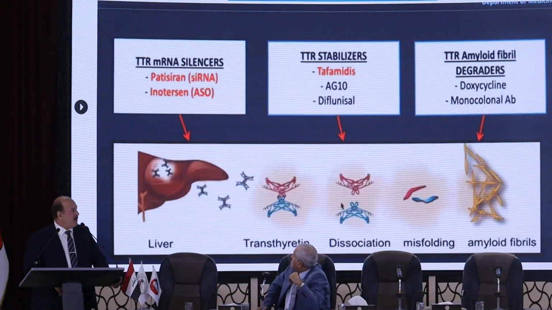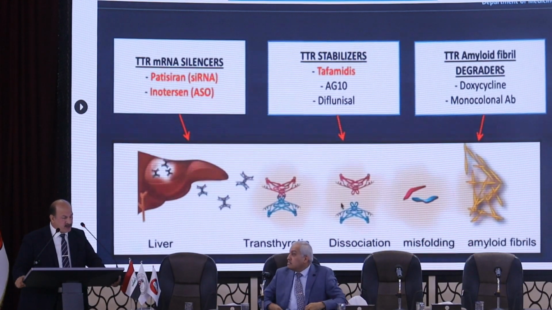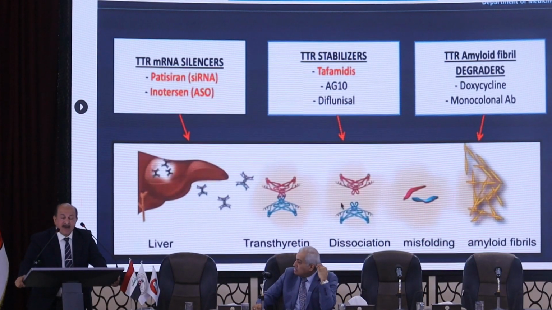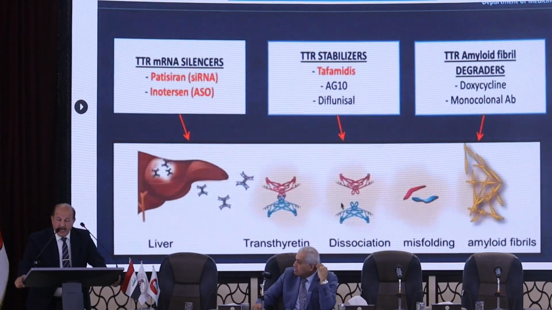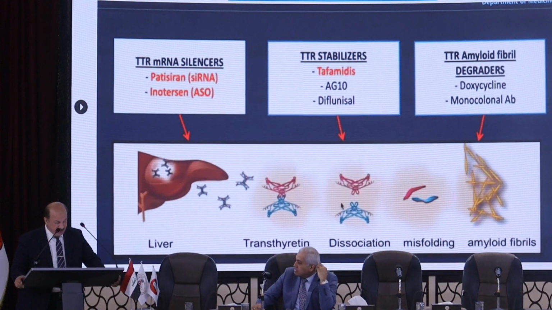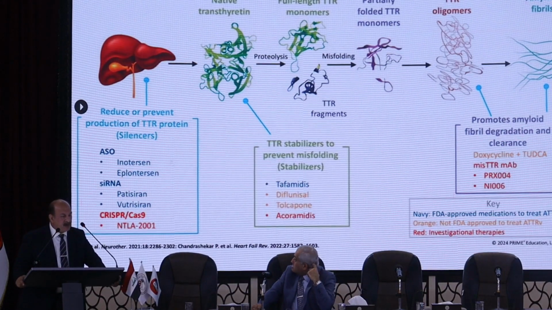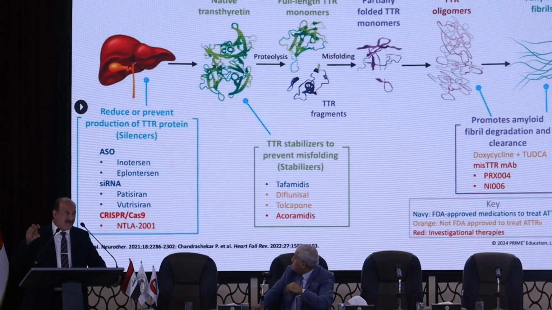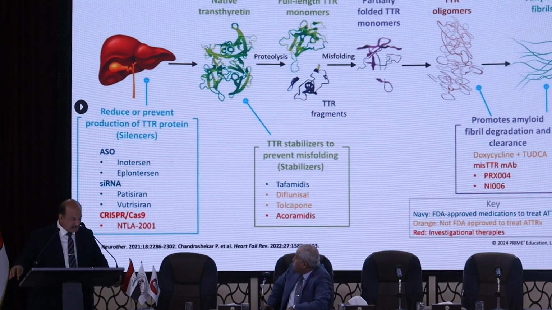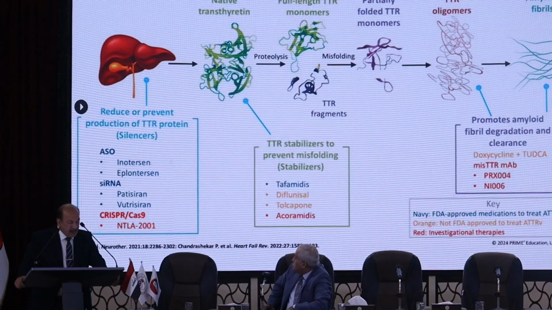And finally, we have novel therapy in the management of cardiac amyloidosis. We have patisiran and inotersen, we have tafamidis, and we have doxycycline and monoclonal antibody. Some of these drugs act by preventing synthesis of the protein; we call them silencers: patisiran and inotersen.